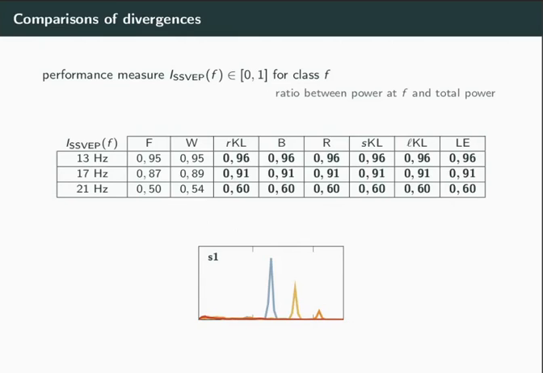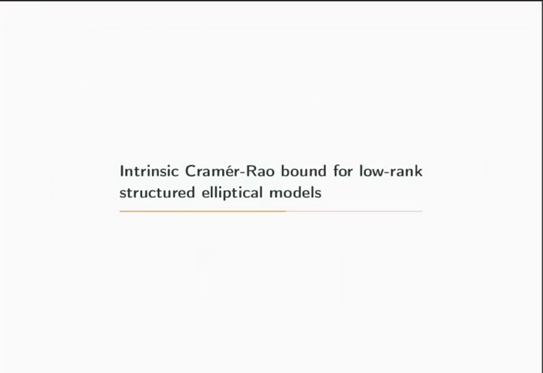Okay, so here it is for this example, and now I will go on to a performance analysis example for the intrinsic Cramér-Rao bound for low-rank structure elliptical models.